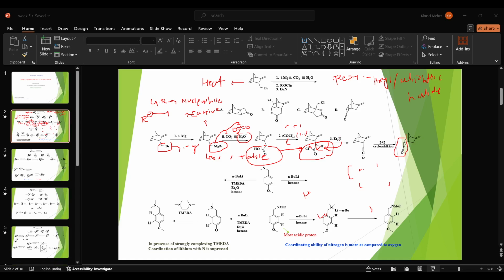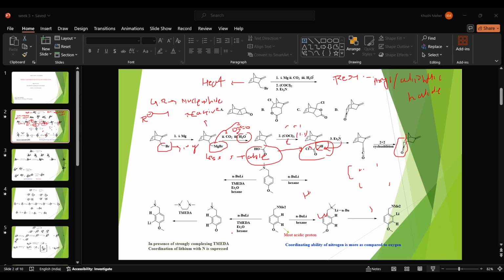Then actually what will happen? In both cases, generally, the more acidic hydrogen will be extracted by the n-butyl lithium, and it will form the corresponding lithiated product.